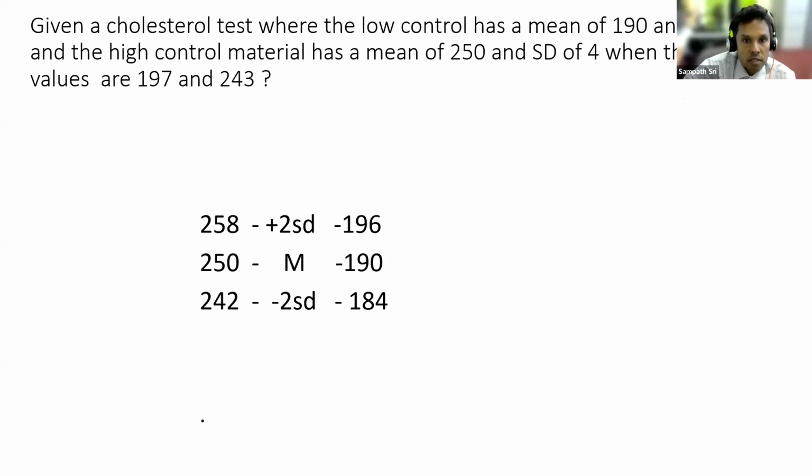So the next question is, given a cholesterol test where the low control has a mean of 190 and SD of 3, and the high control material has a mean of 250 and SD of 4, when the control values are 197 and 243, what will you do?